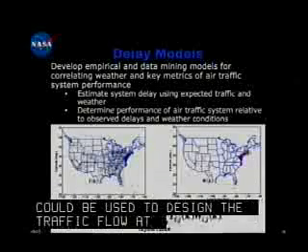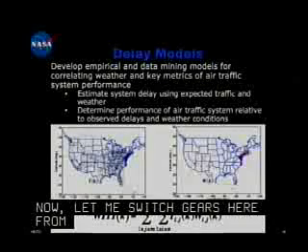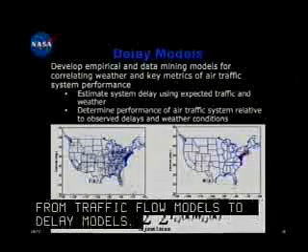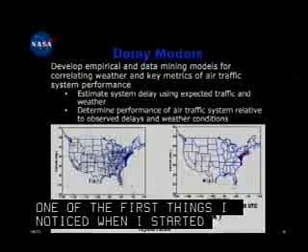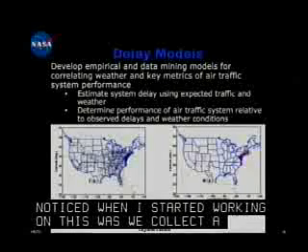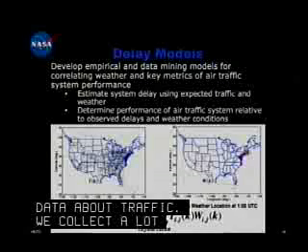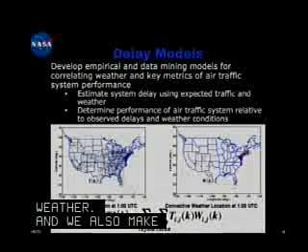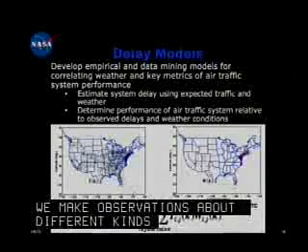Now let me switch gears here from traffic flow models to delay models. One of the first things I noticed when I started working on this was we collect a lot of data about traffic, we collect a lot of data about weather, and we also make a lot of observations about delay. We make observations about different kinds of delays, center delays, aggregate delays at the national level.